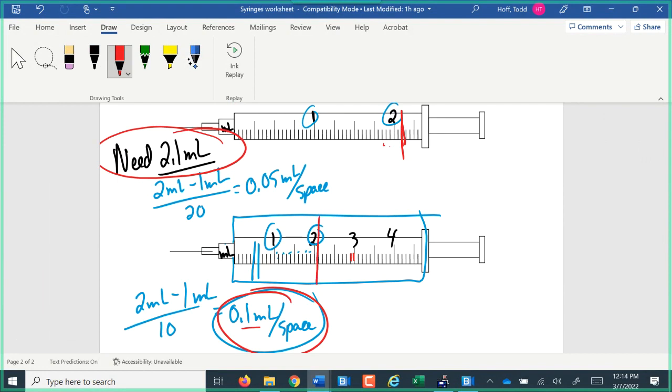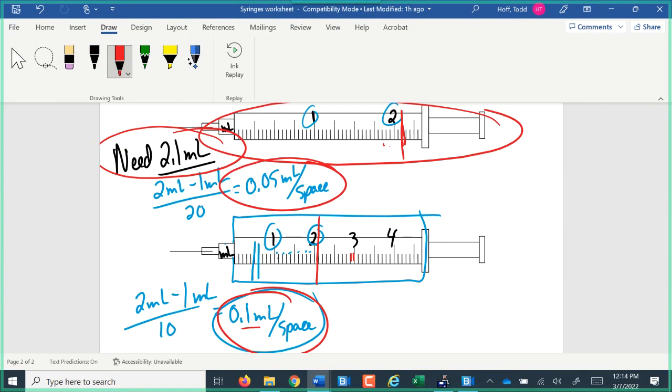If we're using the smaller, narrower syringe, the one with a lesser total volume, the amount we're off from the line is smaller. We can be off by one full space here, and it's only 0.05 milliliters, whereas down here it would be twice that, 0.1 milliliters.